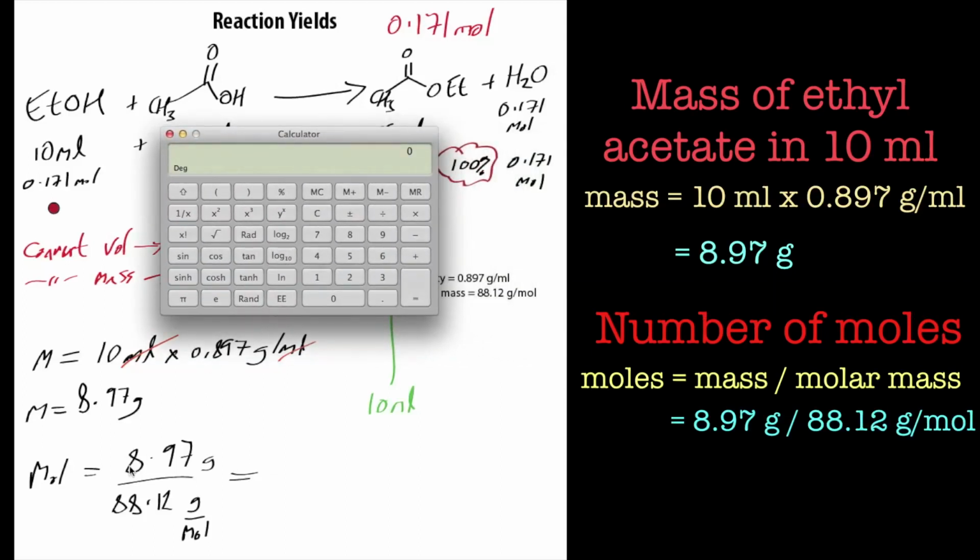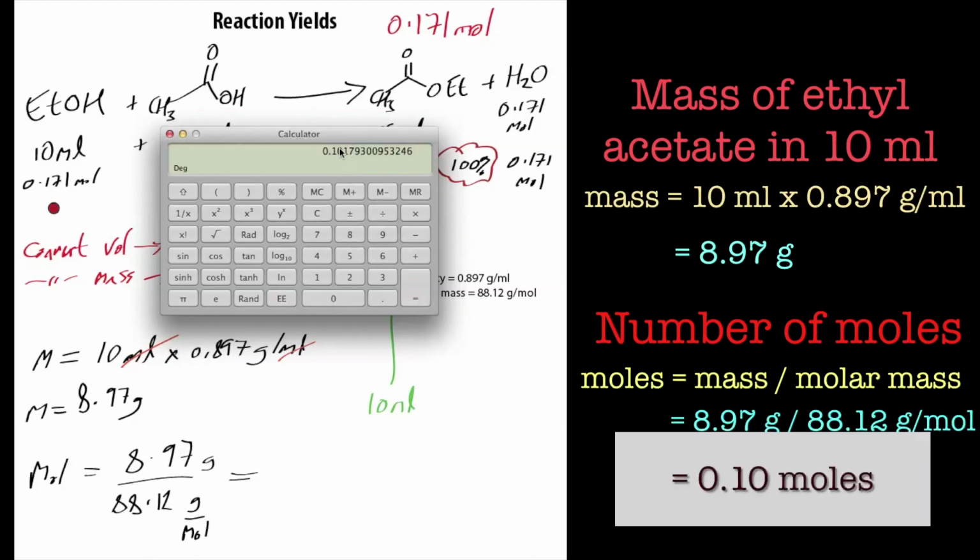The value for that, if we put it in the calculator, is 8.97 divided by 88.12 equals 0.10179. We only went to 2 decimal places here, we'll do the same again, so it's 0.10, because that's a 1 there, so we'll leave that as 10.